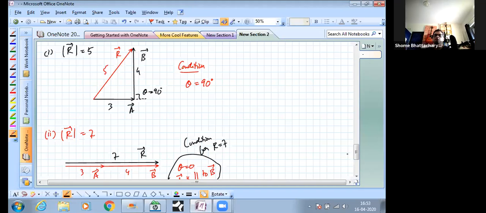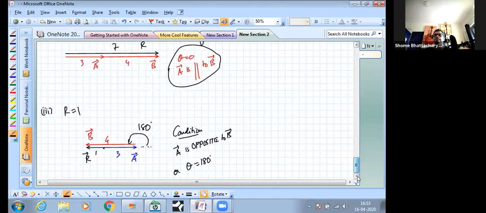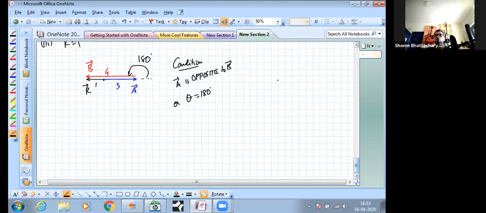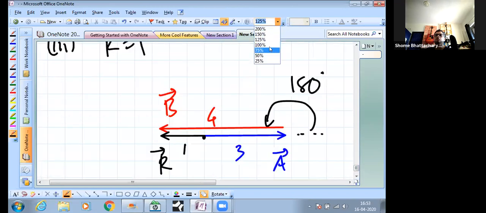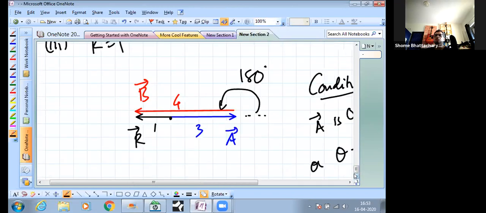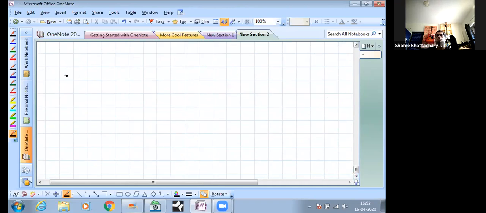Okay, now continuing ahead, we can also solve this problem by using the triangle law method. So solving the same problem by the formula method, how will we solve this?